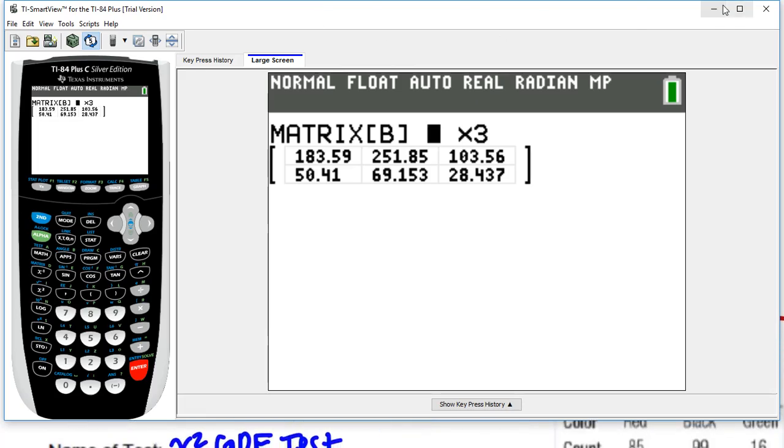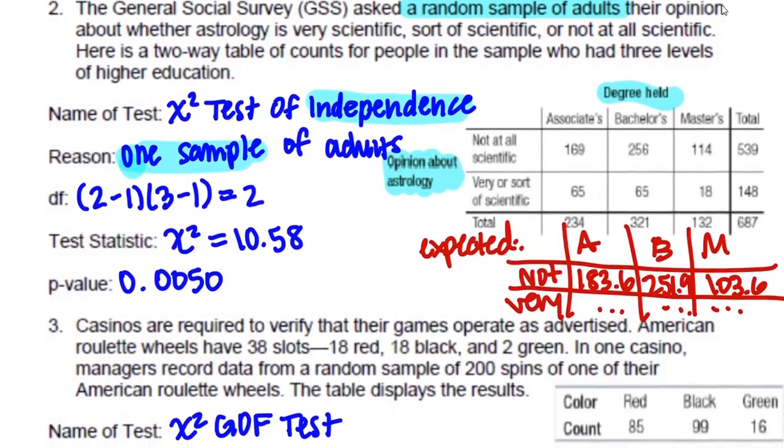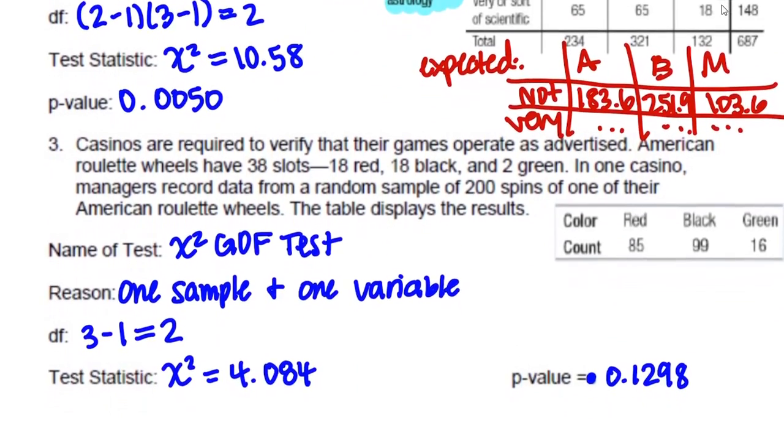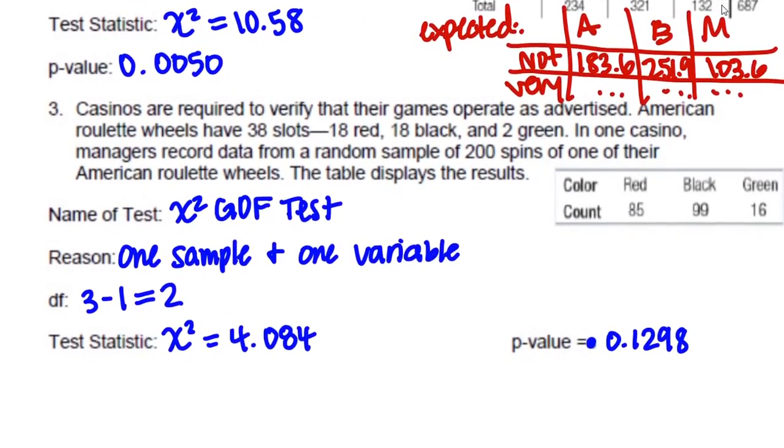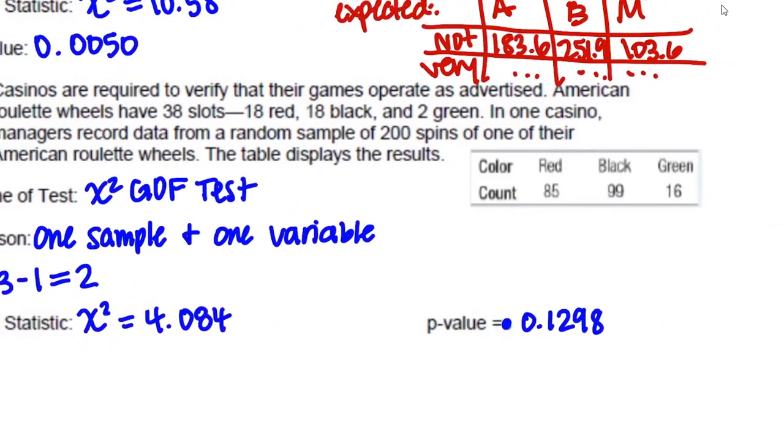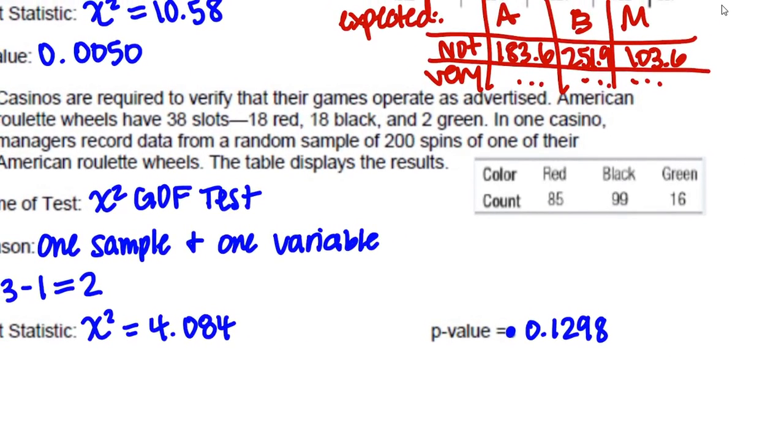And this last one, number 3, is a chi-squared GOF test. And the reason why is because we had a one-way table. So anytime it's a one-way table, you don't have to choose between the types. It's just a chi-squared GOF, no questions about it.